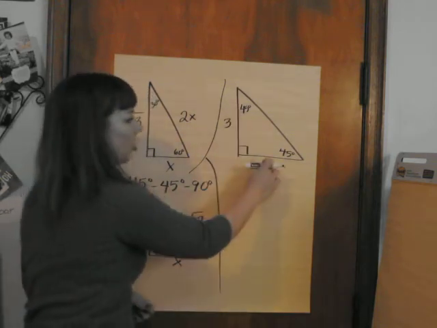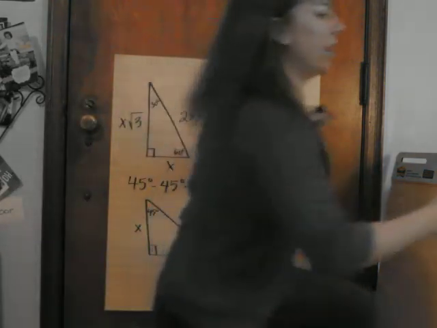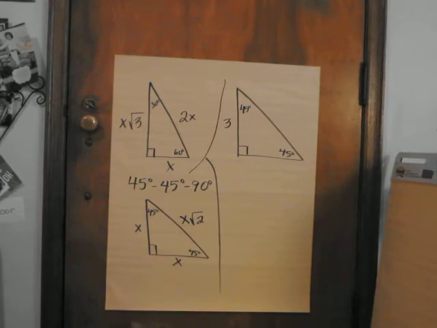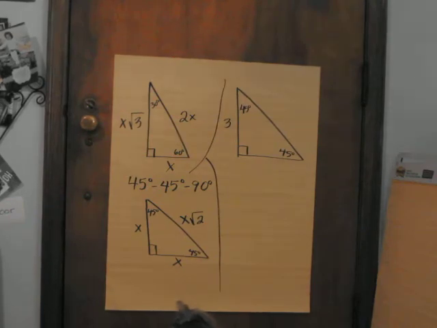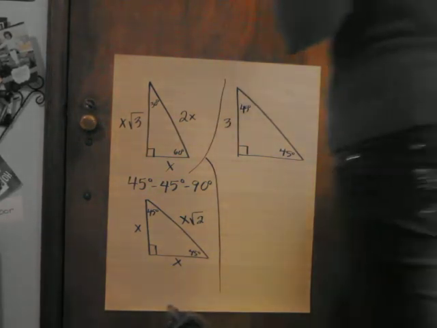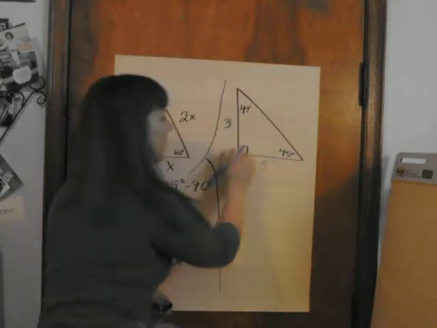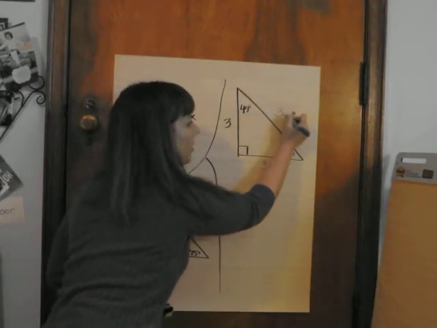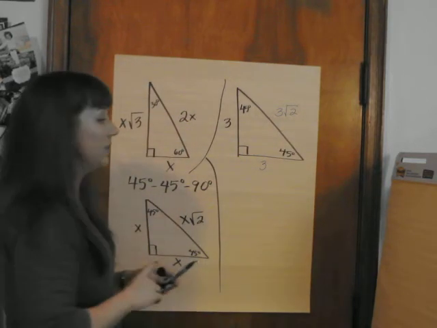So that means that the side across from this 45 is also 3. The side across from this 45 would also be a 3. And then the side across from 90 would be 3 radical 2. That easy. Seriously, it's that easy.